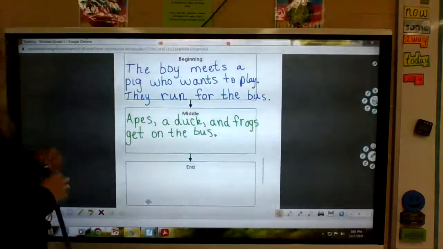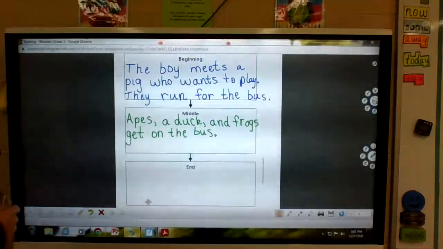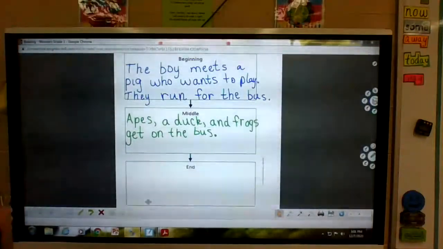So far, that's what's happened in the middle. Okay, pause me to stop to finish that sentence because I'm going to keep going.